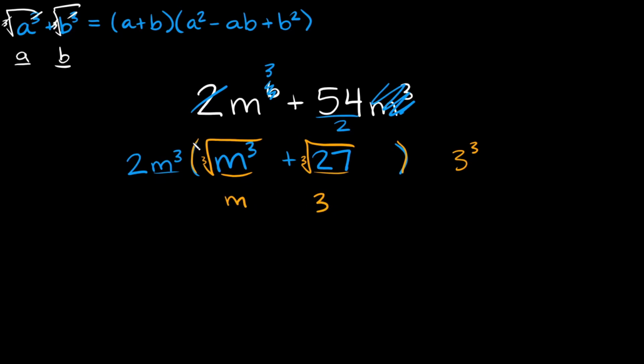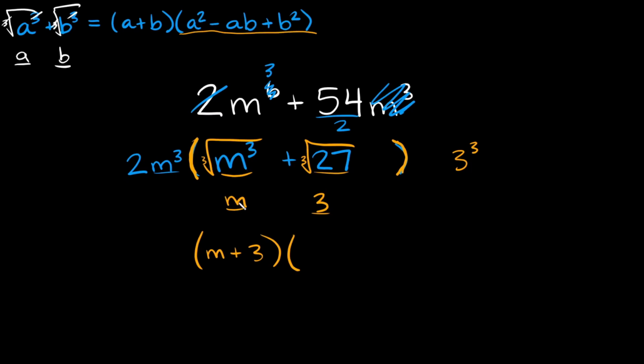So if you want to factor this thing inside of the parentheses, now that we know what a and b are, we can use our formula up here, okay? So first of all, we're going to have a plus b in parentheses, right? So we're going to have m plus 3 in parentheses, okay? And then in this set of parentheses, we're going to have a squared minus a times b plus b squared, right?